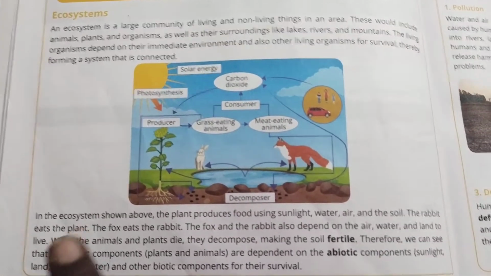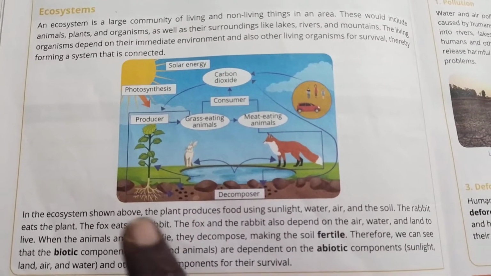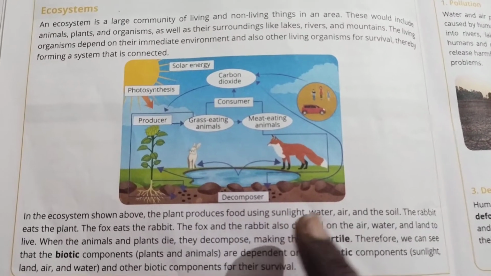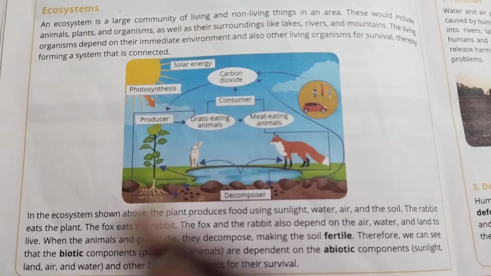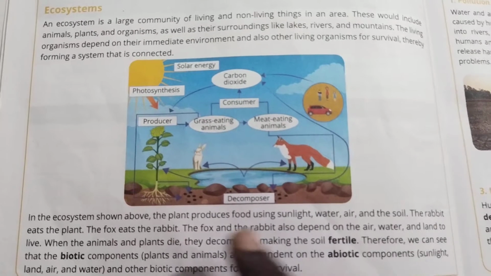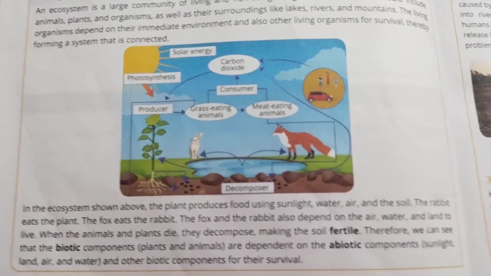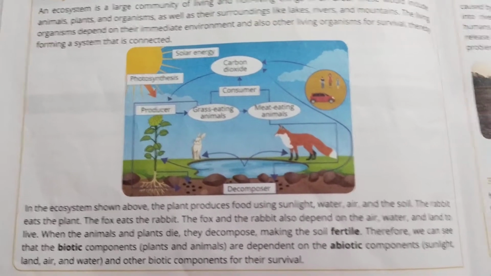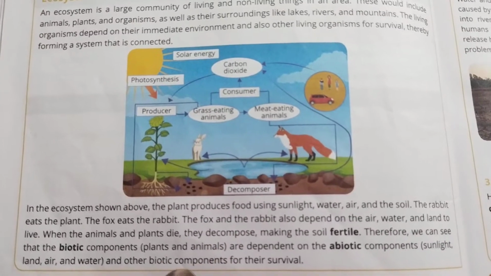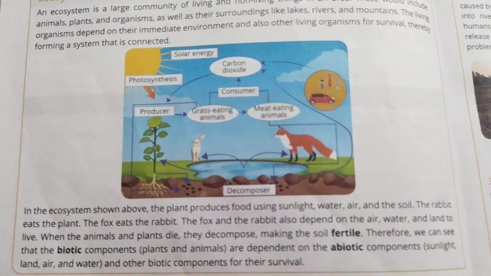In the above ecosystem picture, you can see the plant produces food using sunlight, water, air and soil. The rabbit eats the plant and it continues. At last when the animal dies, it becomes fertile for the soil. Therefore we can see that the biotic components and the abiotic components work together for our survival, isn't it?